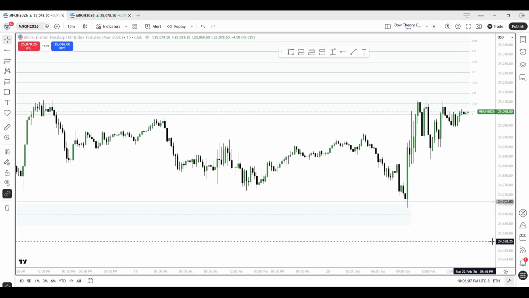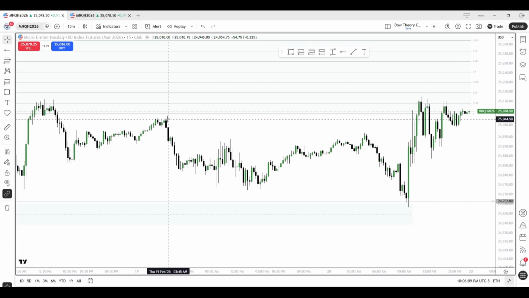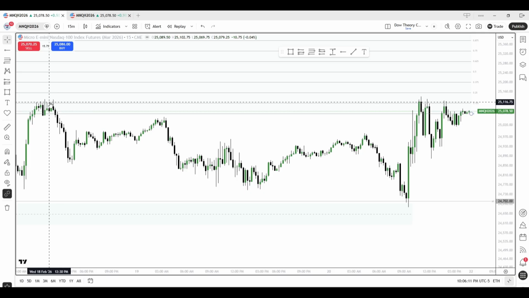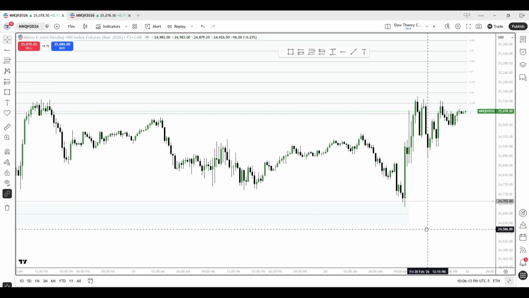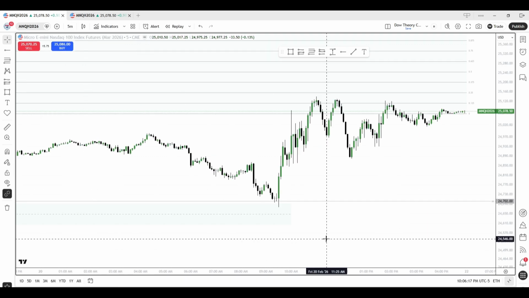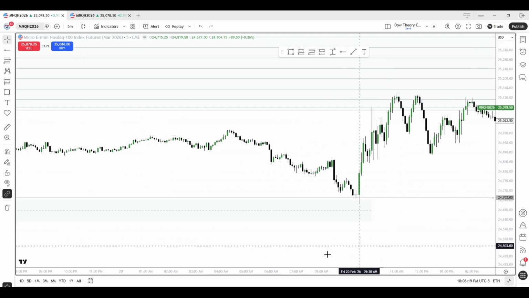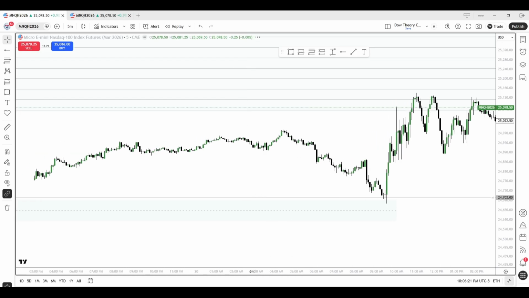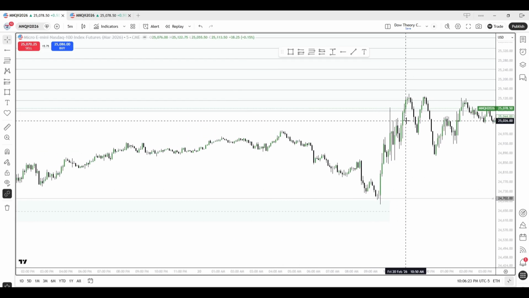kind of get a glimpse of it, right? Previous day's high was here, and then Wednesday's high was here. Five-minute chart. Directionally correct, but it was a little sloppy, which caused me to get stopped out.